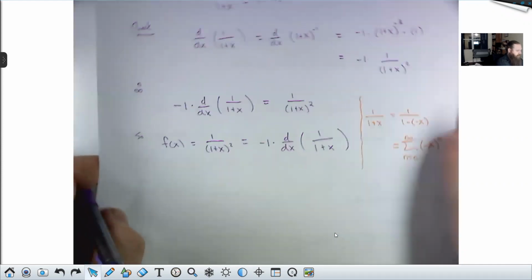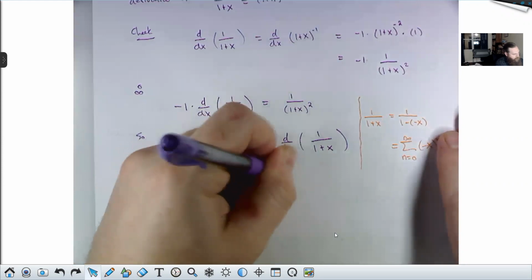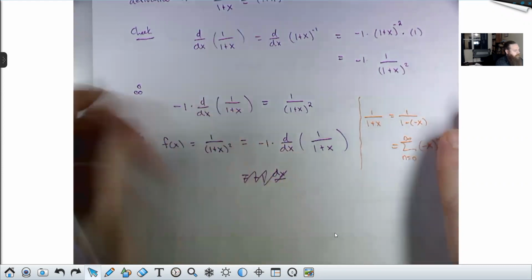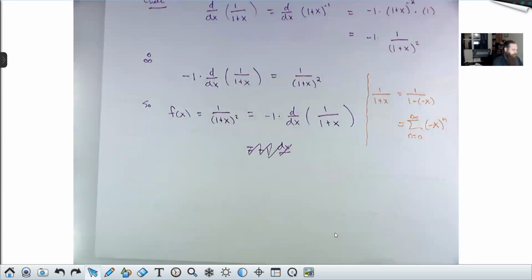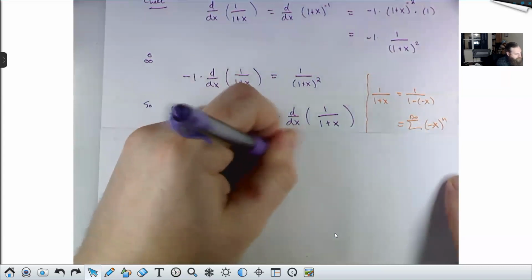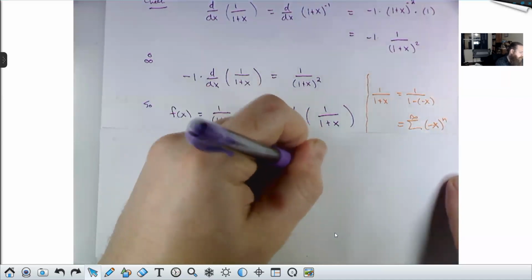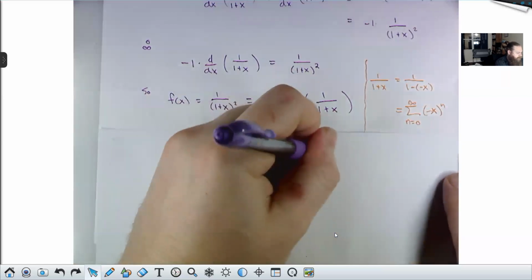So this thing is negative 1 times d dx of sigma n from 0 to infinity, negative x to the n.